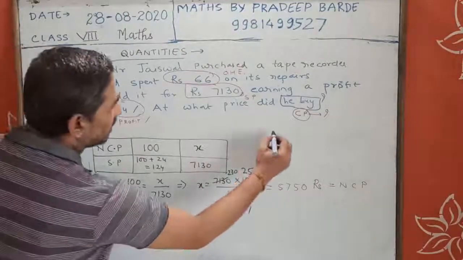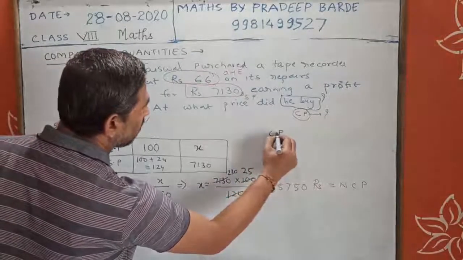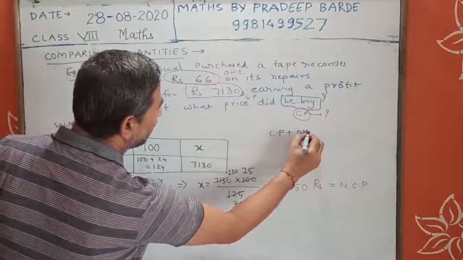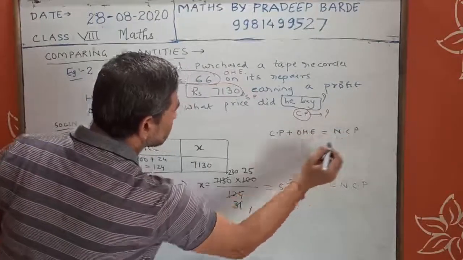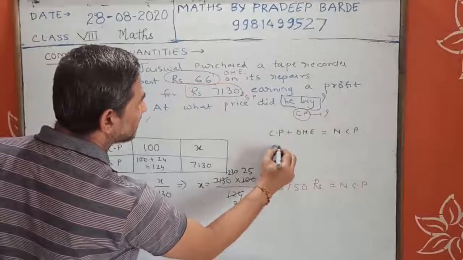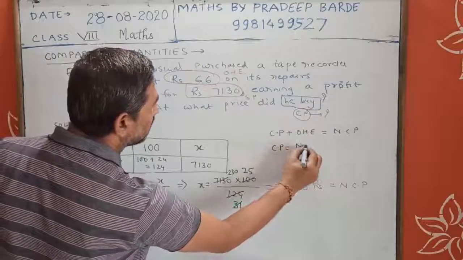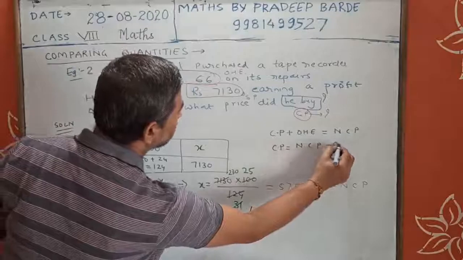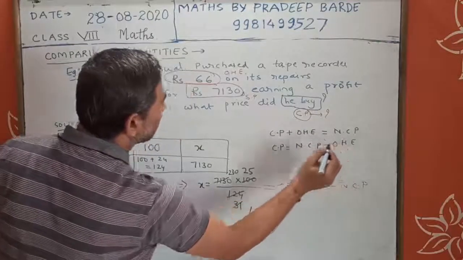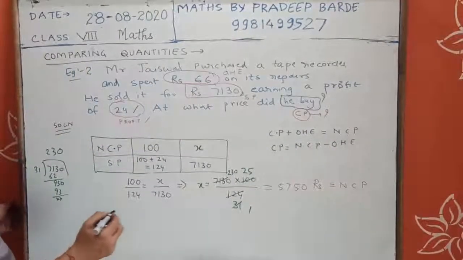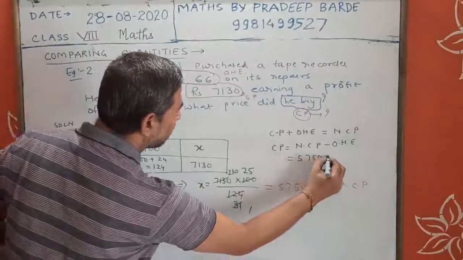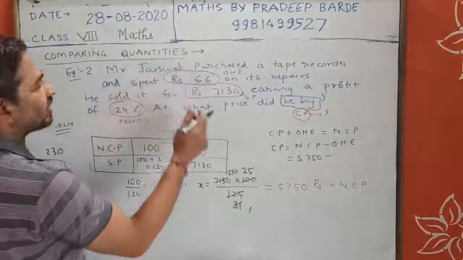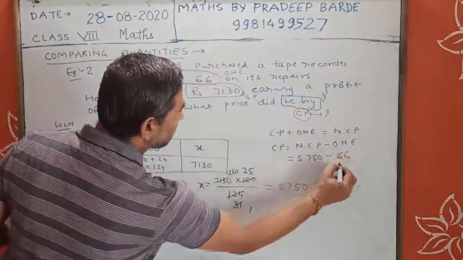Now we have to find out the cost price. So we know that cost price plus overhead expenses is equal to the net cost price, or we can say cost price is equal to net cost price minus overhead expenses. Net cost price was rupees 5750, overhead expenses 66 rupees.